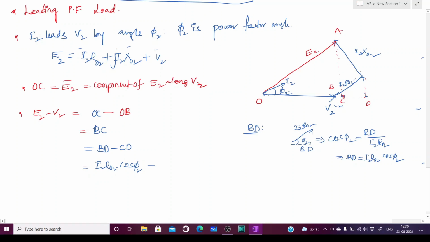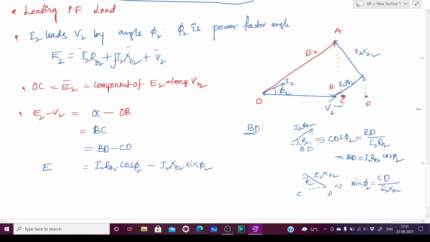CD is I2 X02's sine component. This is I2 X02 and this is our CD, and this is angle φ2. So sine φ2 will give us CD by I2 X02. So CD will be equal to I2 X02 sine φ2.